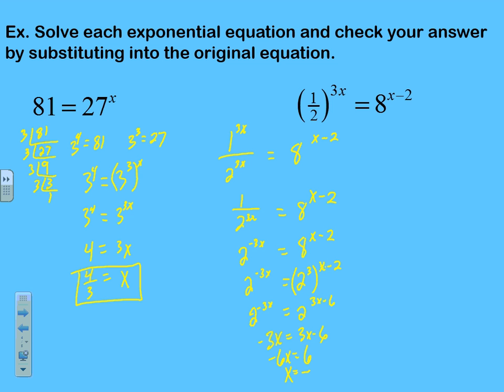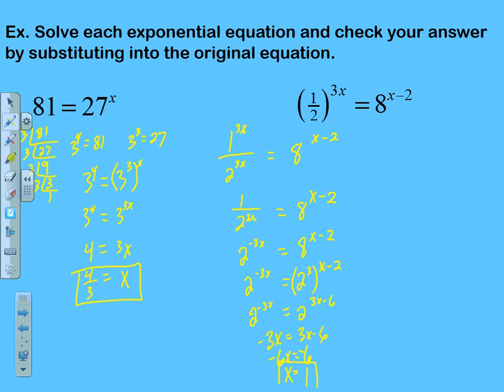So in this case, x is equal to a negative 1. Oops, I made a mistake. I forgot my negative sign. When I brought down the 6, there is a negative sign here, so x is equal to a positive 1.